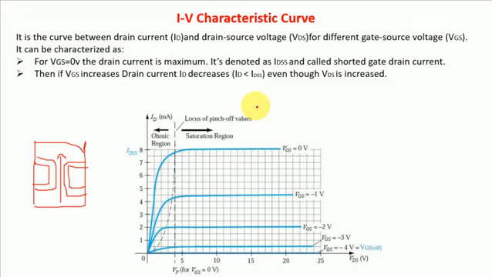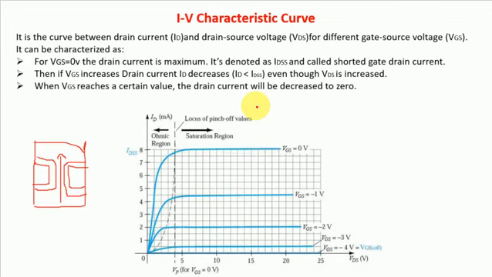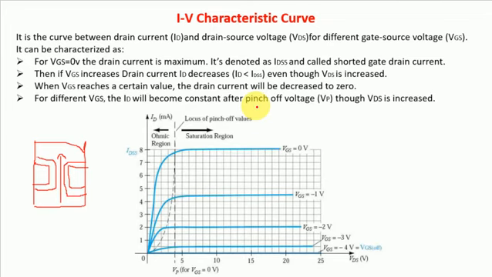If you further increase the gate to source voltage, a time will occur when the drain current decreases to 0. And after that, for different VGS, the ID will become constant after the pinch off voltage.